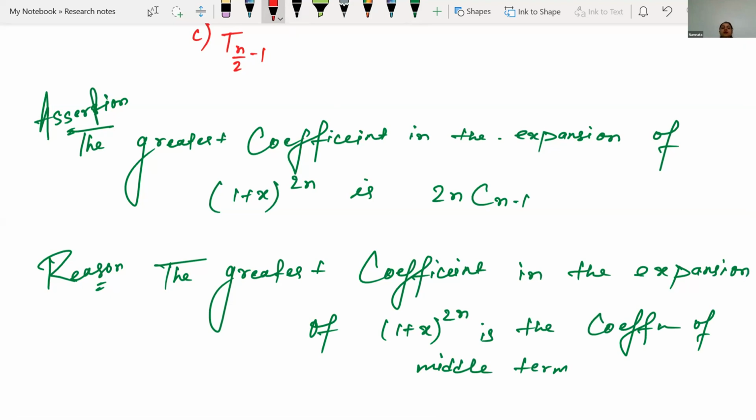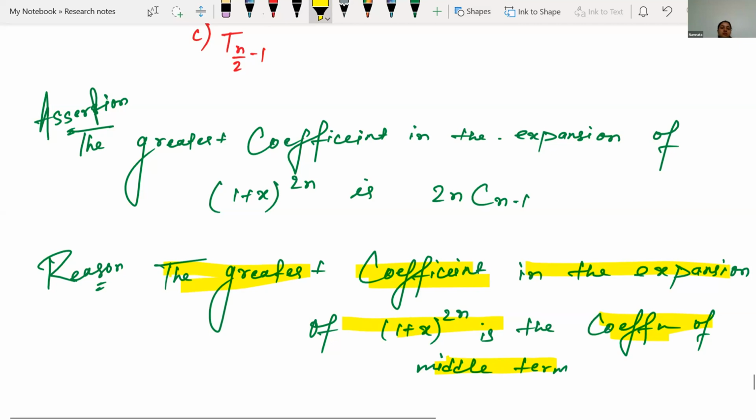Let's read the reasoning part first, and tell me whether it is correct or not. It is the coefficient of the middle term. Is it correct? Yes, ma'am, it's correct. What about the assertion?